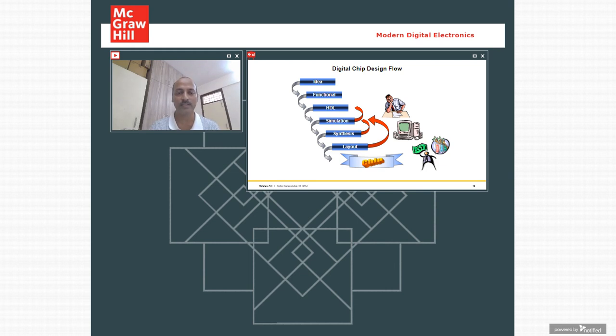If it is meeting, then you will go ahead with the synthesis step. In the synthesis step, what happens? You will try to implement the circuit in terms of logic gates, and you will be able to understand whether the circuit is synthesizable or not. If the circuit is not synthesizable, you cannot port or migrate your design onto a silicon chip.